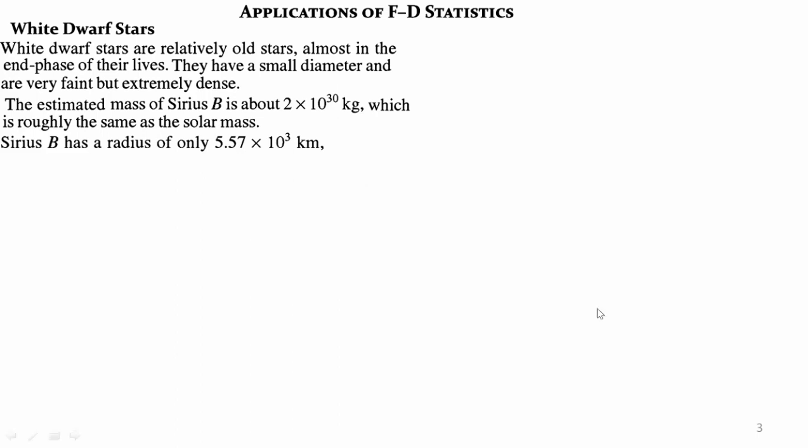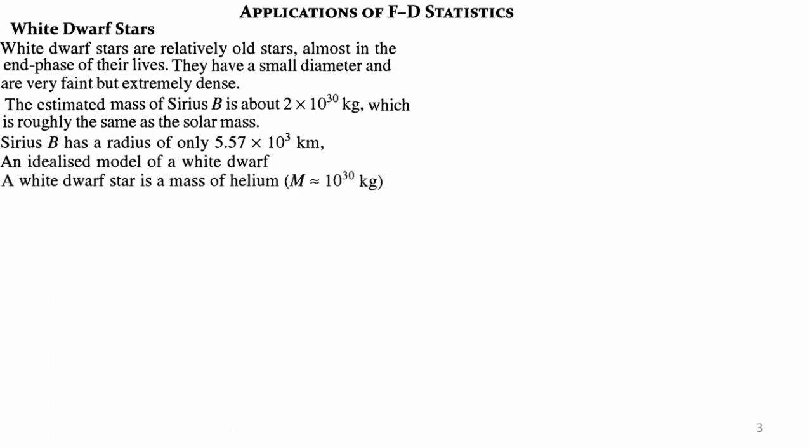So an idealized model for a white dwarf star can be expressed in terms of the following. A white dwarf star is usually a very large mass of helium, of the order of say 10 to the 30 kg. You can see this is a typical value for one specific example.